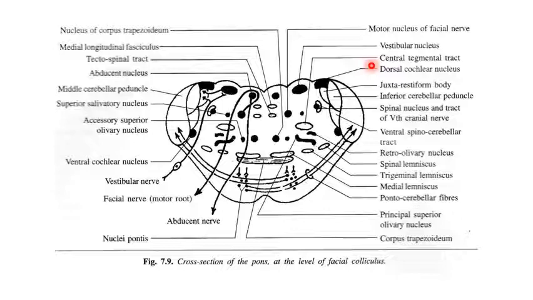It also contains a few ascending fibers from the lower brainstem reticular formation to the intralaminar nucleus of the thalamus. So that is the central tegmental tract.